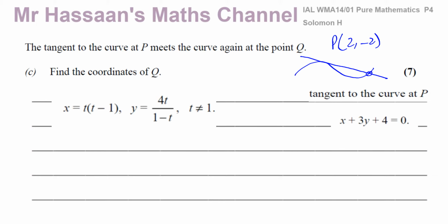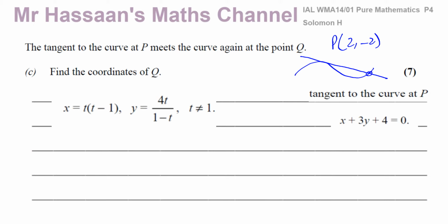I already know that they have one solution, which is going to be a repeated root at the point where the tangent hits the curve. That's one thing I know, and I also know that they're going to meet again somewhere else. So how do I solve a parametric equation and a Cartesian equation simultaneously?